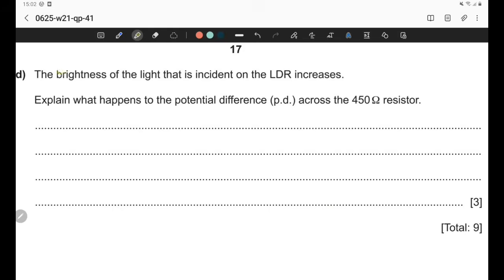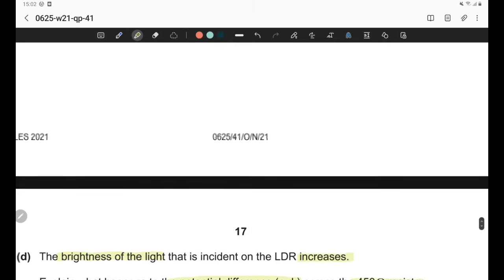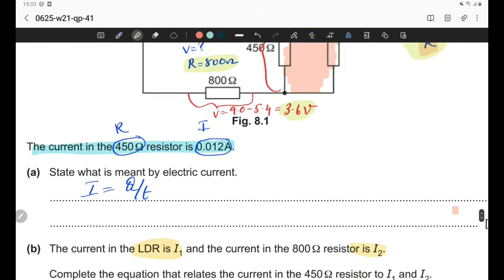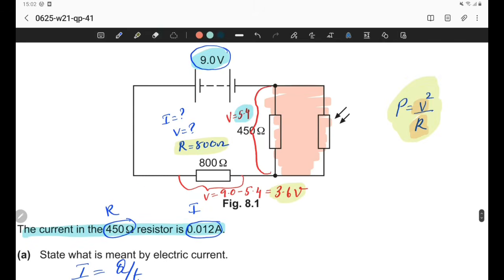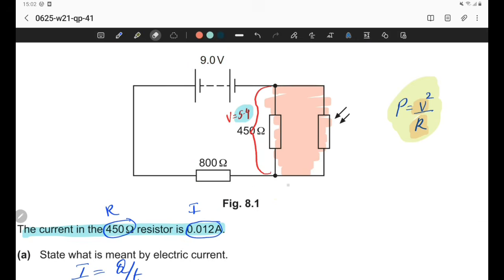D. The brightness of the light that is incident on the LDR increases. Explain what happens to the potential difference across the 450 ohm resistor. So let's look at the circuit diagram again. When the light intensity falling on the LDR increases, the resistance of the LDR will reduce.